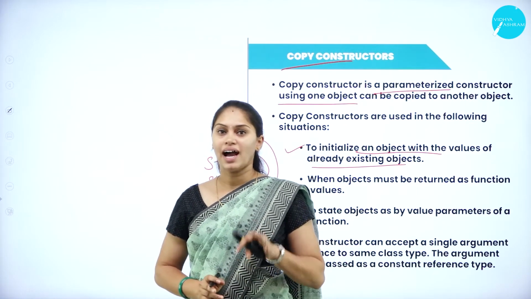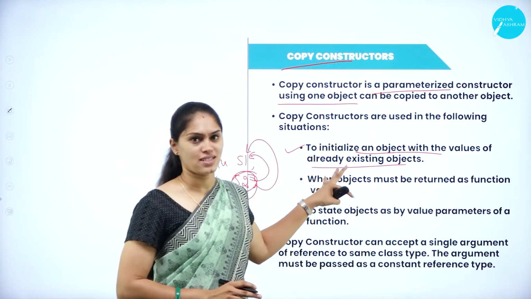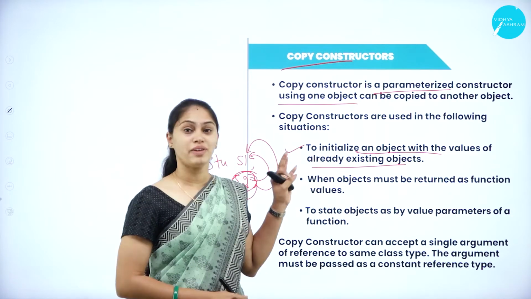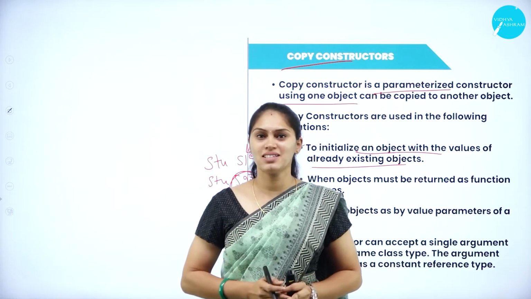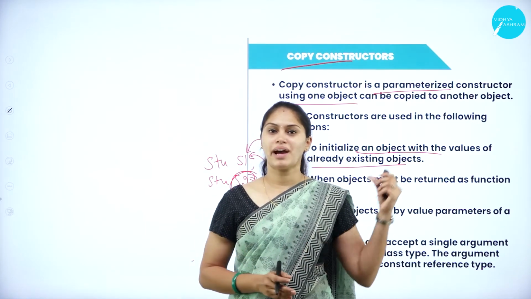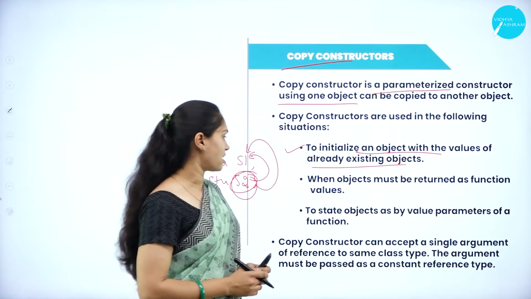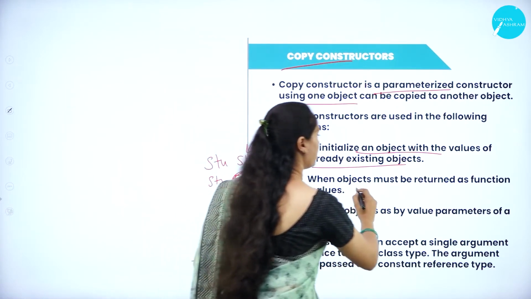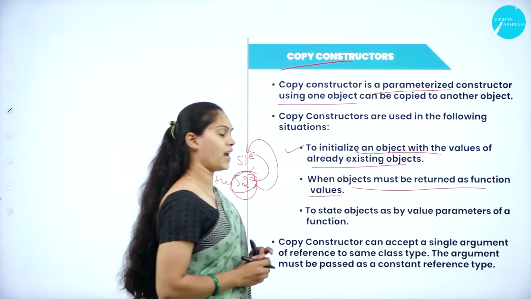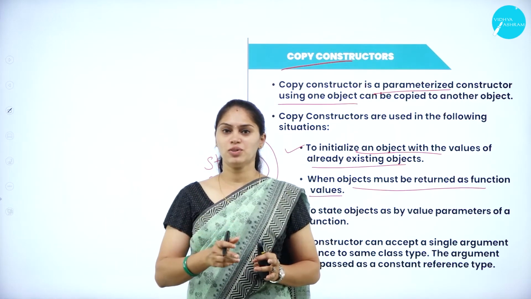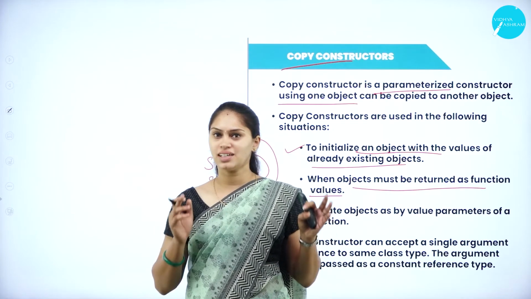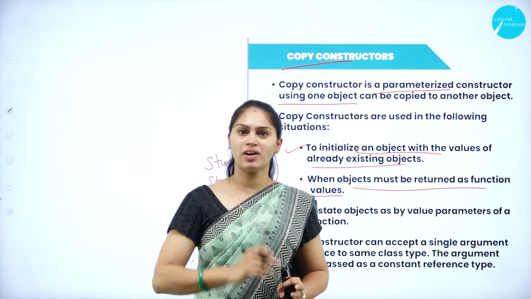At that time, I can use this copy constructor. When I want to initialize an object with the values of an already existing object, I can go with this copy constructor. Another situation is when an object must be returned as a function value. In this copy constructor, it will accept only one argument.